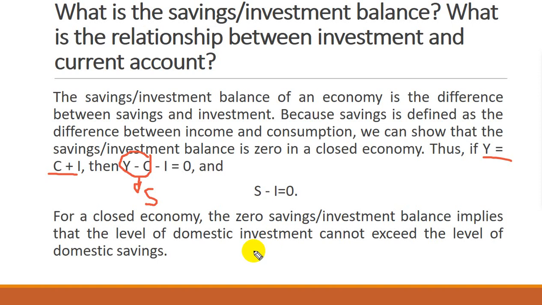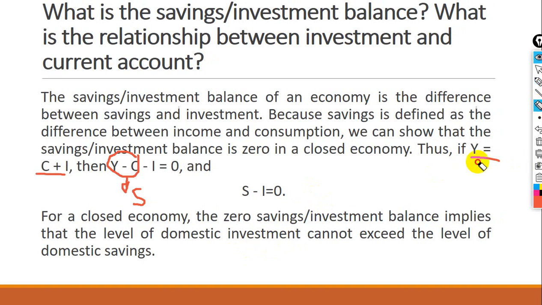This means that in a closed economy, domestic investment can't exceed the level of domestic savings. Domestic investment in case of a closed economy should be equal to domestic savings. So if you would like to increase investment, you have to increase domestic savings.